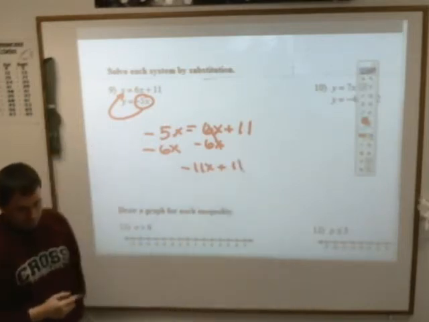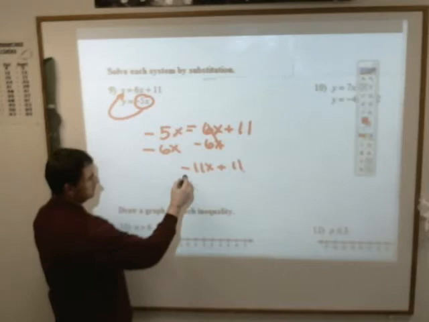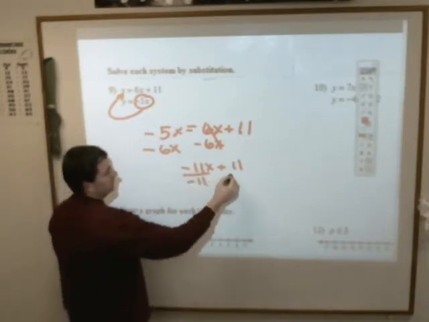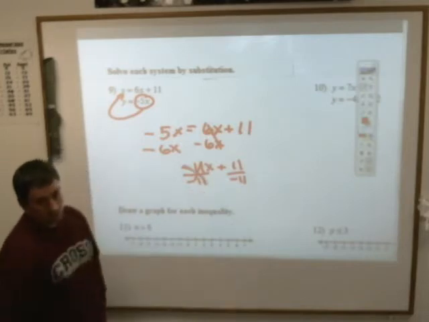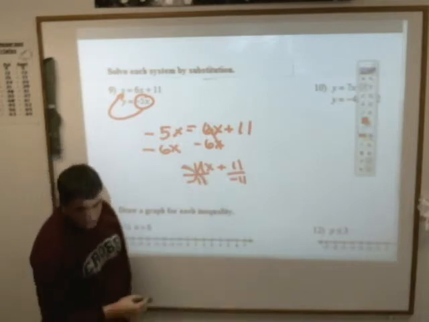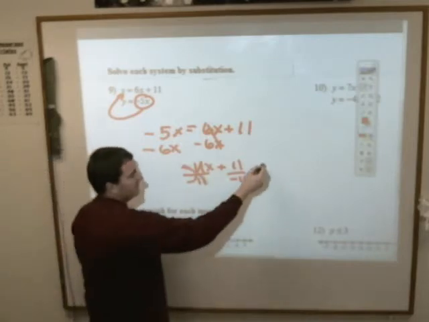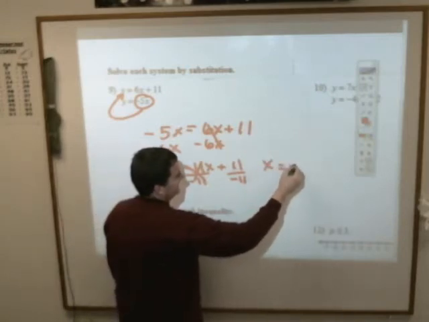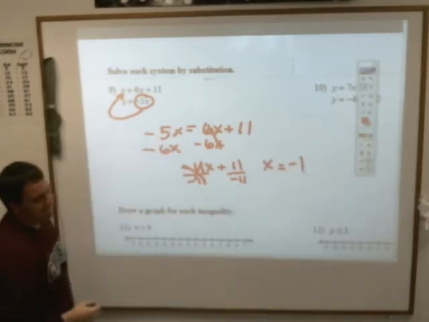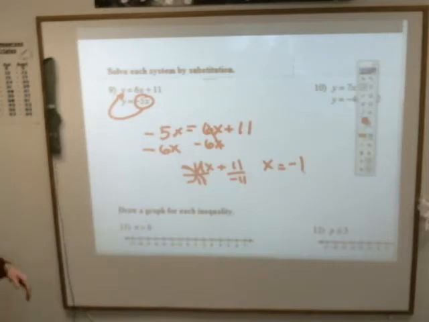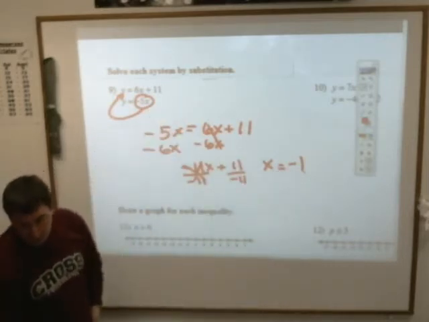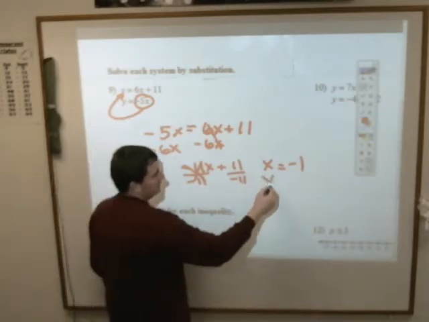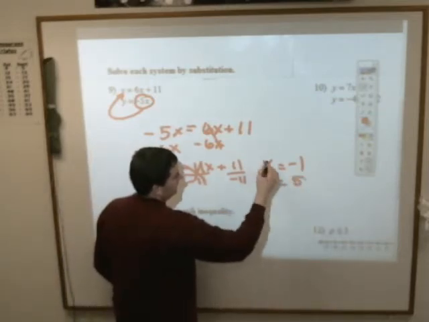Then I divided by -11, so x equals -1. So if x equals -1, what is -5 times -1 for y? Y equals 5.